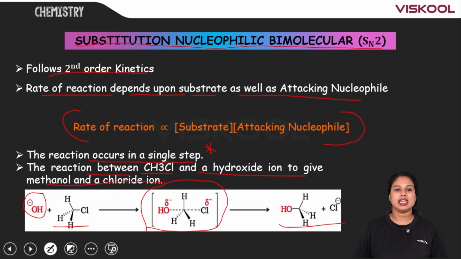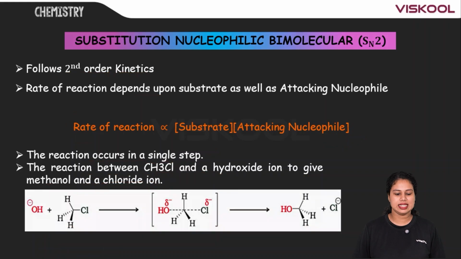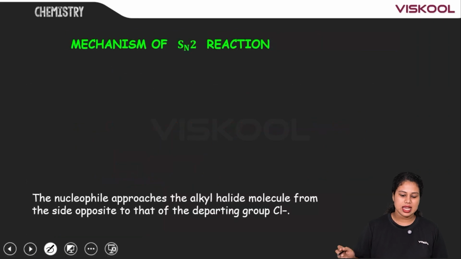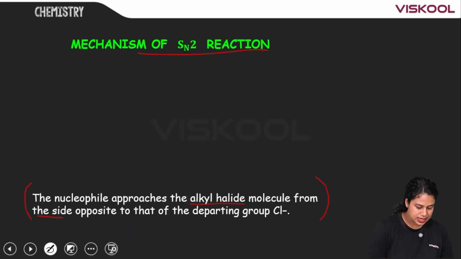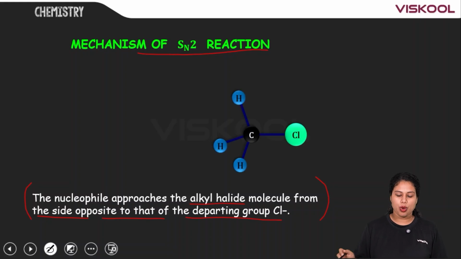Let us discuss the mechanism of the SN2 reaction in detail. The nucleophile approaches the alkyl halide molecule from the side opposite to that of the departing group, Cl minus. Here is our alkyl halide, and the halogen is the departing group, or the leaving group.